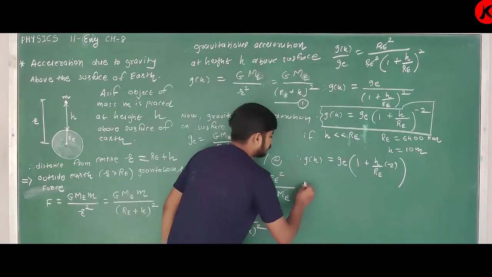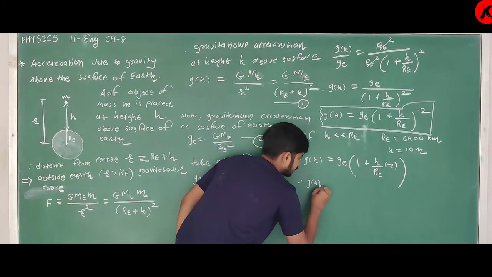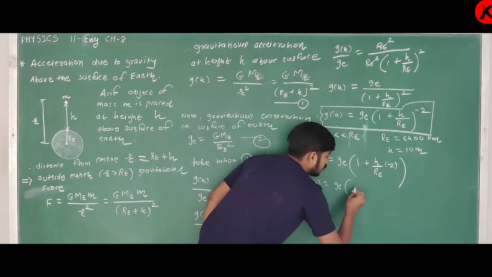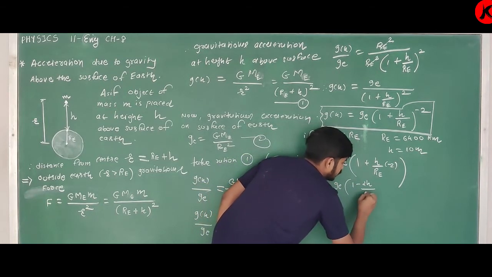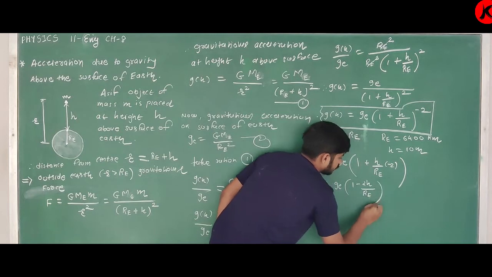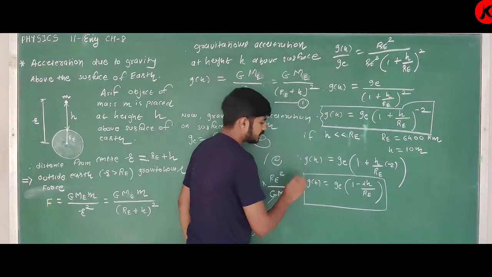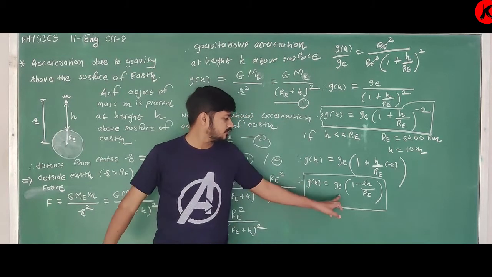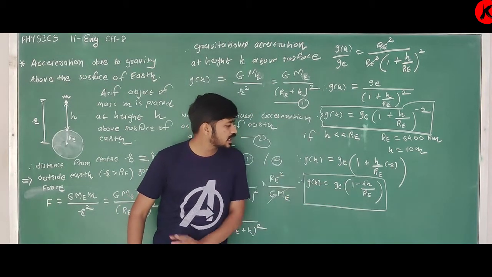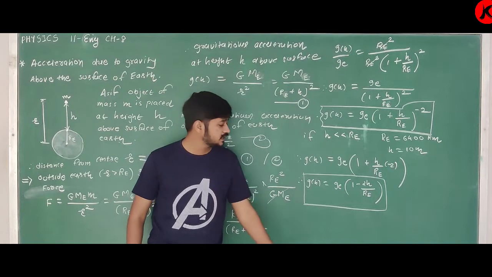Clear? So what happens is, therefore g_h is equal to g_e times 1 minus 2h upon R_E. You have to remember this equation.